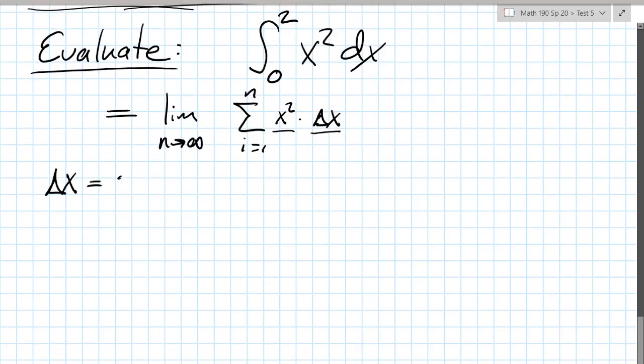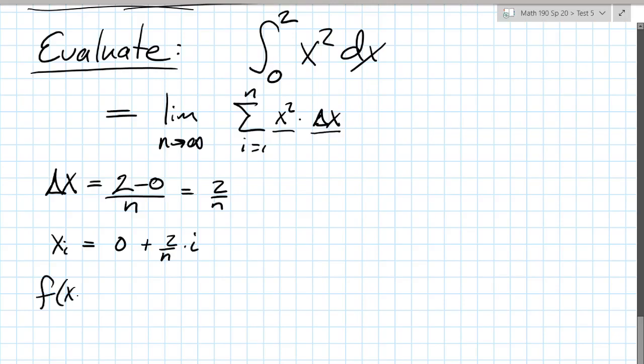Delta x is the upper minus the lower, divided by n, so 2 over n. Next we need our x sub i. x sub i is the beginning value plus delta x times i. So f of x sub i is equal to (2 over n times i) squared.